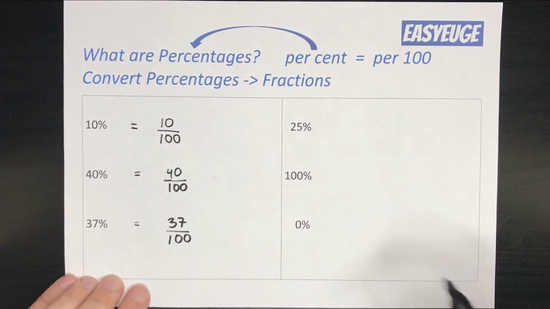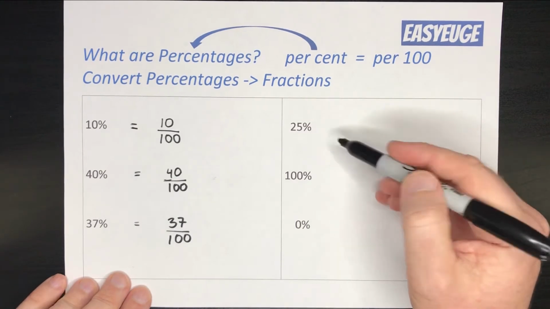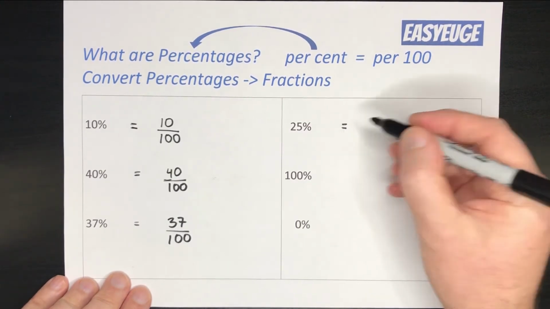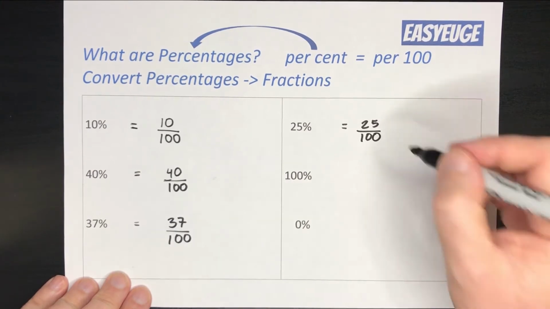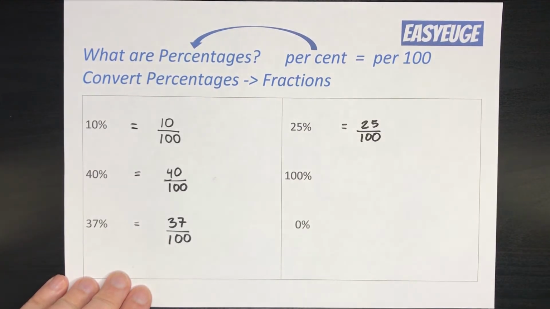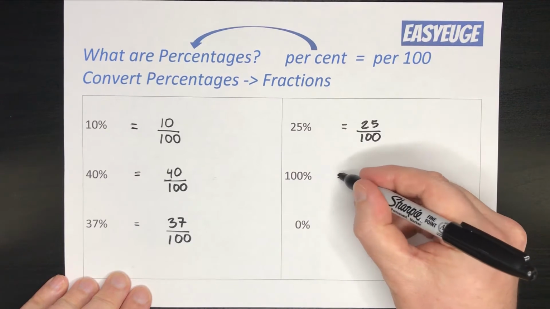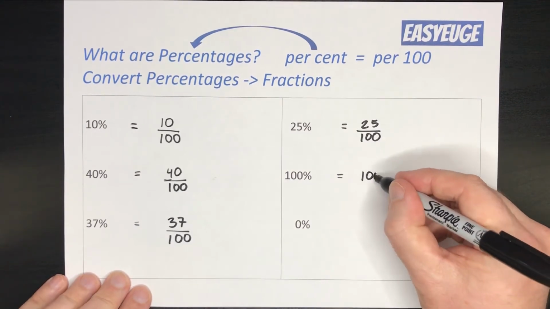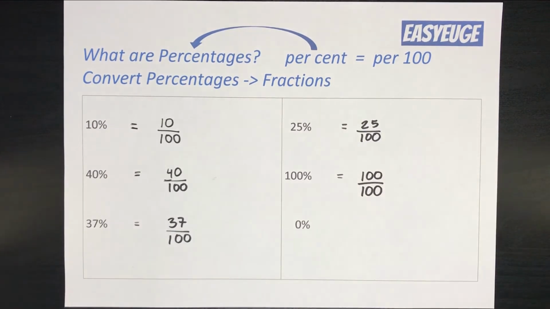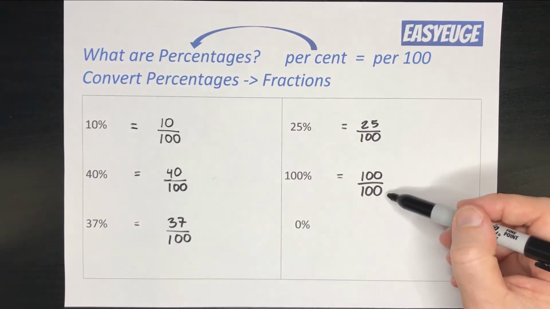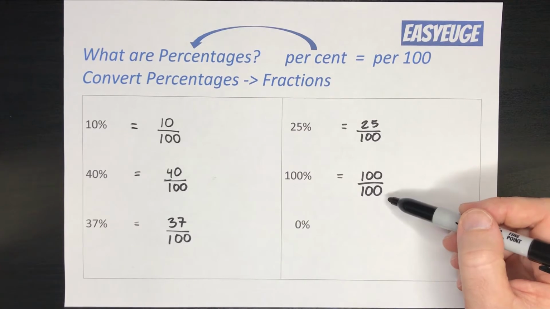Let's move on to some more common ones here, like 25%. That can be written as 25 over 100. It's as simple as that. 100%. Now this would be 100 over 100. And we know that 100 divided by 100 equals 1.